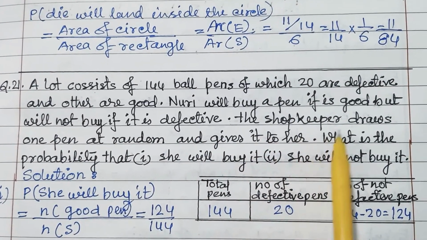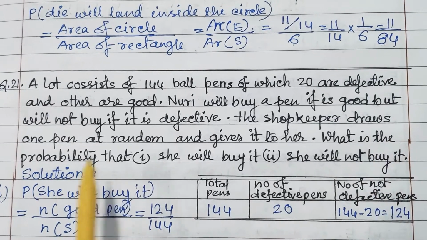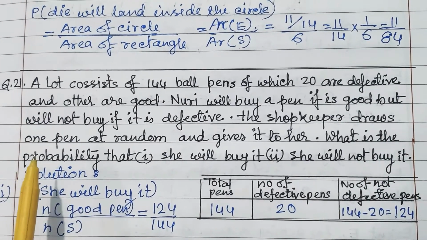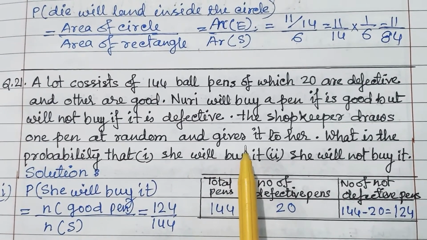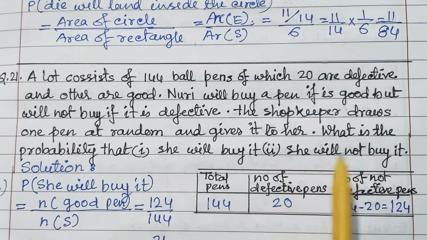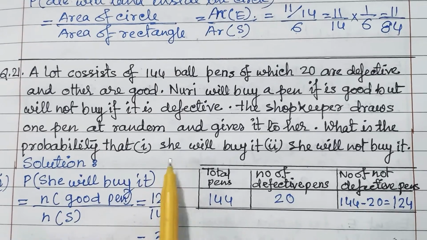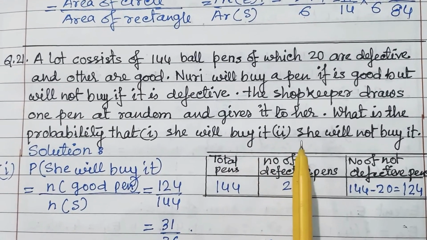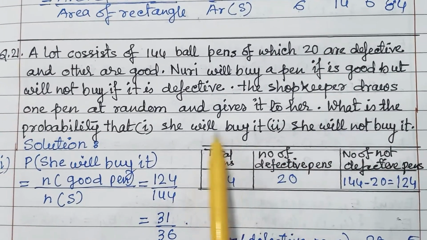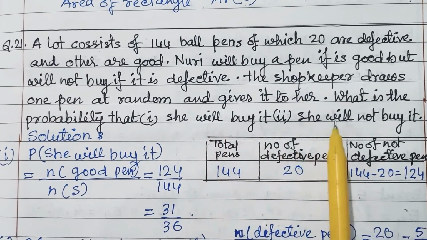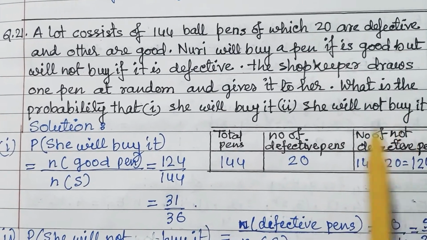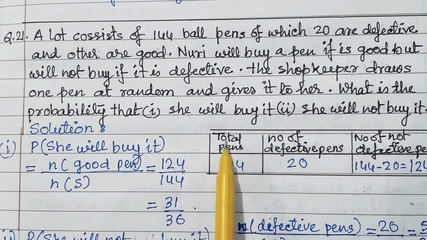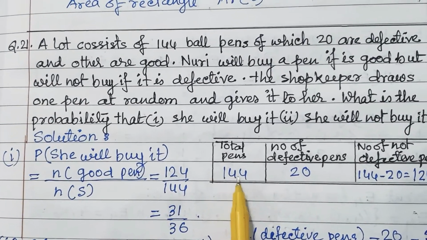The shopkeeper draws one pen at random and gives it to her. What is the probability that she will buy it and she will not buy? If it is a good one, then she will buy, and if it is not good, defective, she will not buy it. Now the total pens is 144.